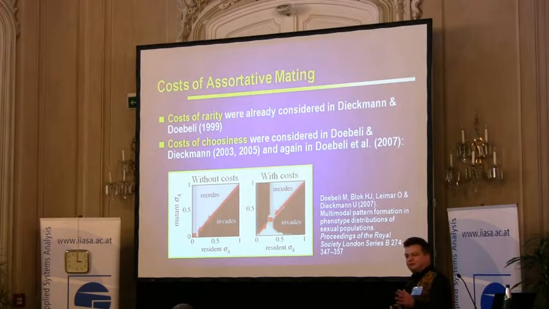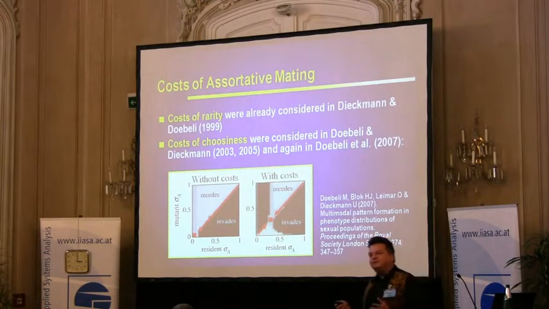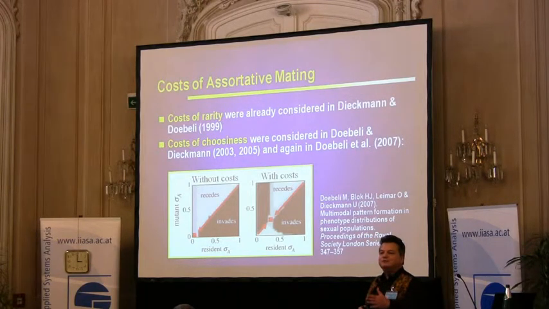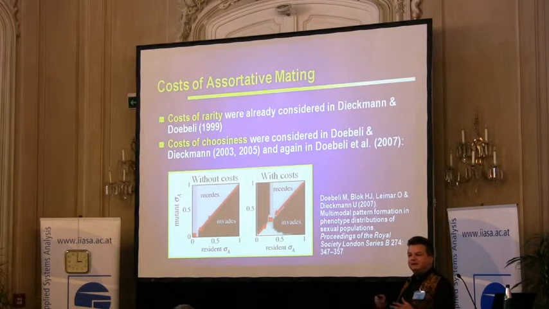But in models that are more complex, with multi-locus genetics, with finite population sizes, as we have heard earlier in this conference, you can have a barrier to the evolution of assortative mating. It goes halfway and then stops, because there is a fitness valley and we cannot proceed with the evolution of assortative mating. So that's why the answer is not always easy. Under certain circumstances, costs of assortment can stop the evolution of reproductive isolation.